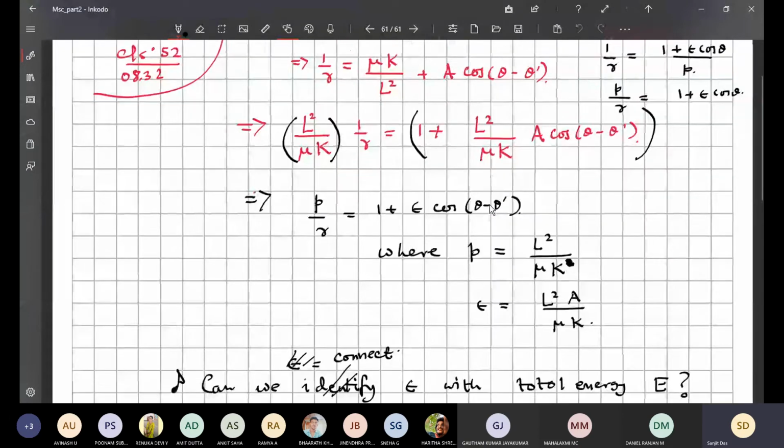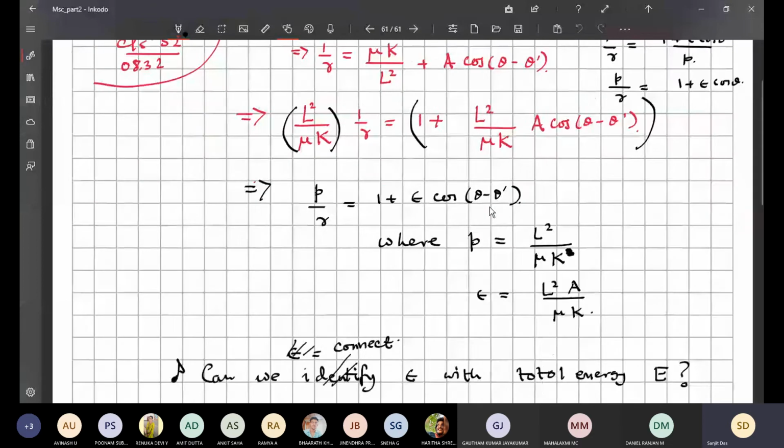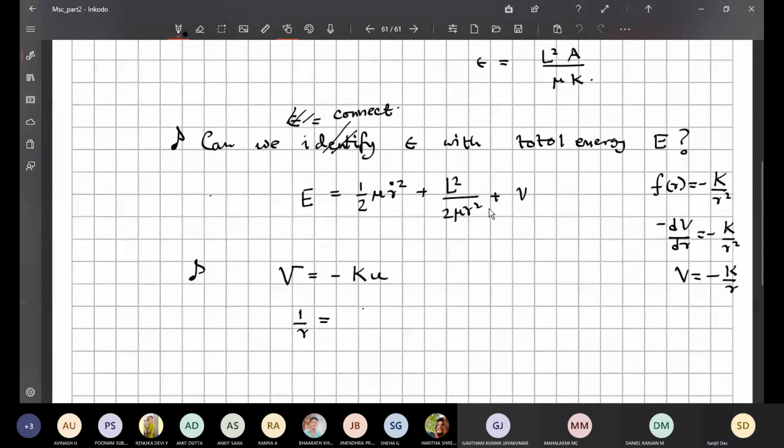So 1 by R is equal to, coming from capital mu K, small mu capital K by L square plus A cosine of theta minus theta prime.